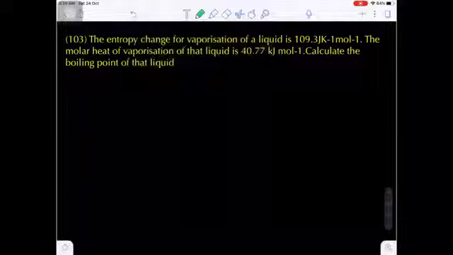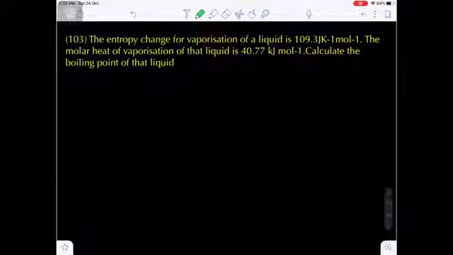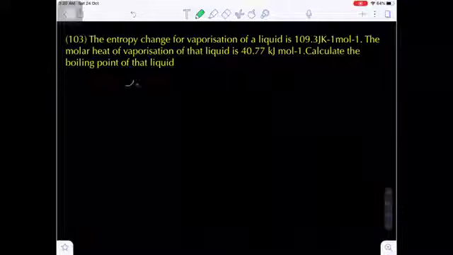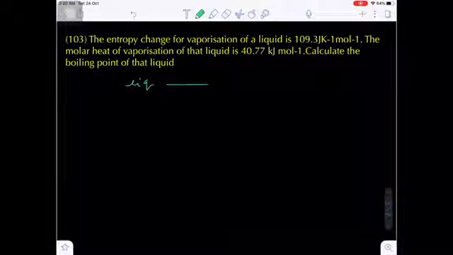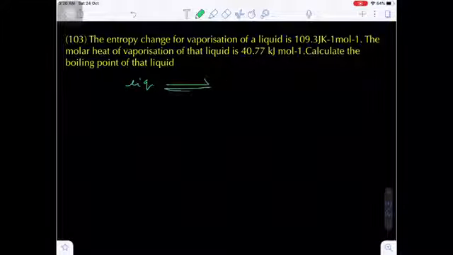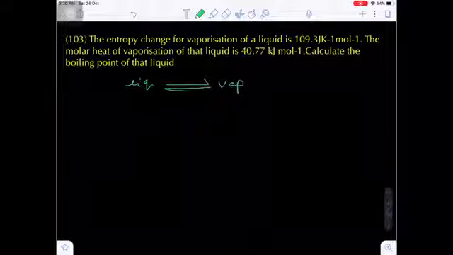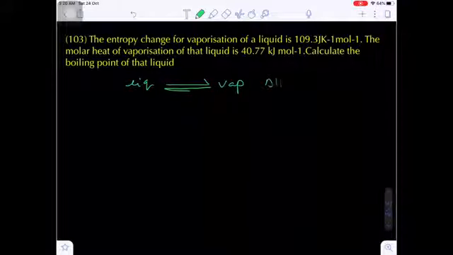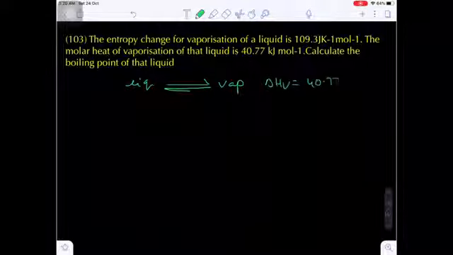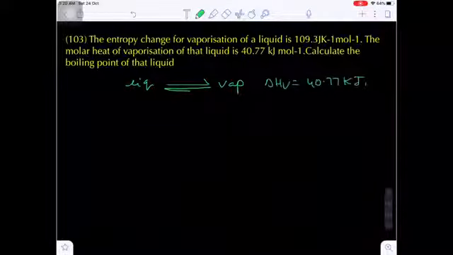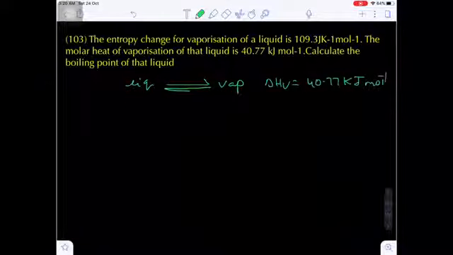Now, question number 103. The entropy change for the vaporization of a liquid is 109.3 joule per Kelvin per mole. The molar heat of vaporization of liquid. Yes, here liquid and its vapor exist in equilibrium. Now at which temperature they are existing, that is to be calculated. The enthalpy of vaporization of the liquid is given, that will be 40.77 kilojoule per mole.